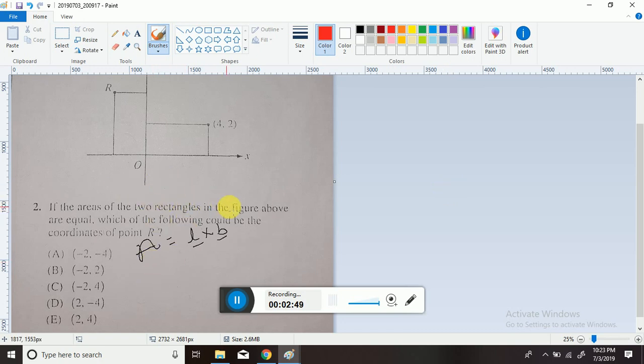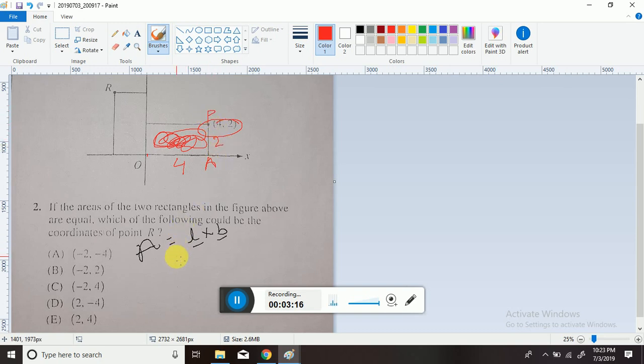So in the first case, two rectangles are clear. The rectangle in the first quadrant has the coordinate of this point as 4, 2. It means that from the origin to, let us say, this point A, the distance is 4, and A to P, the distance is 2.